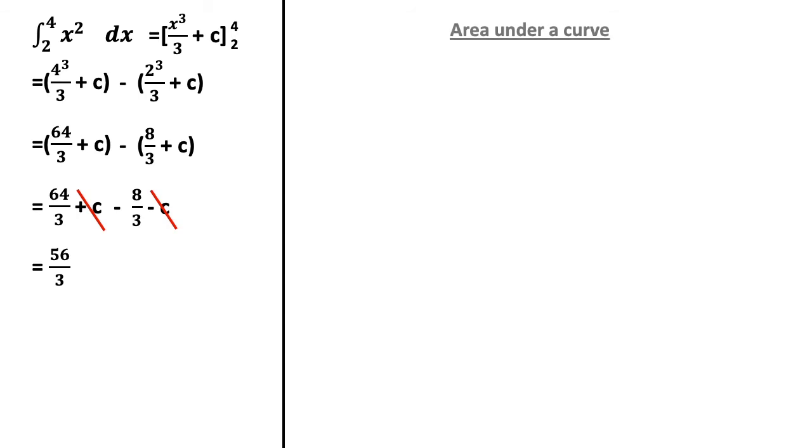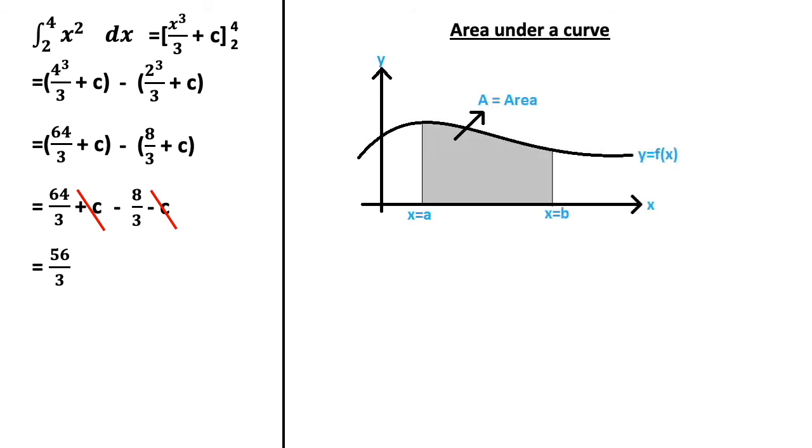Now, how does this link with area under a curve? If I look at this general example, if I have a curve, I've got an equation here for the curve in a general form, so I've written y equals f of x. So that represents y equals any function of x.